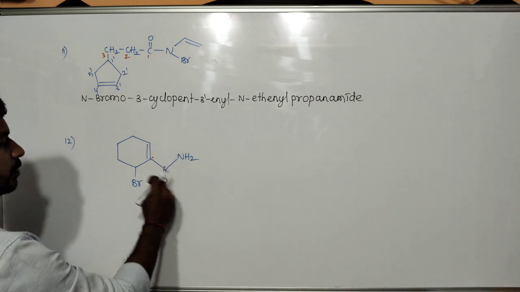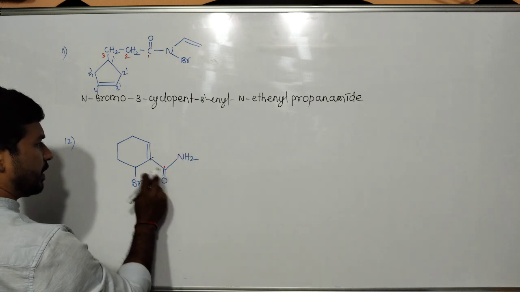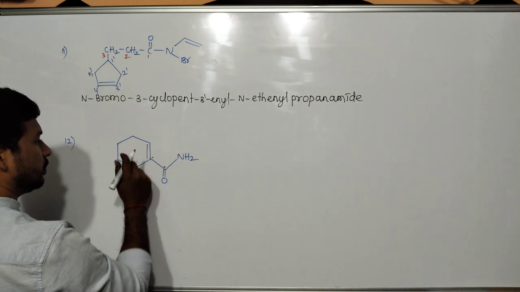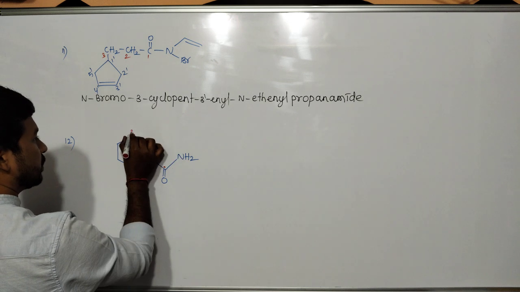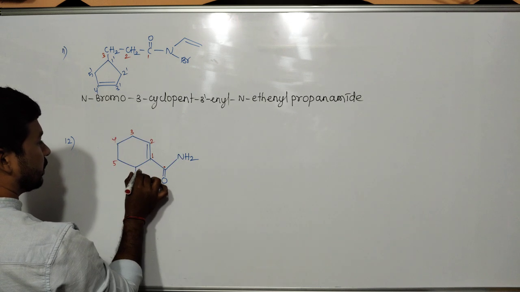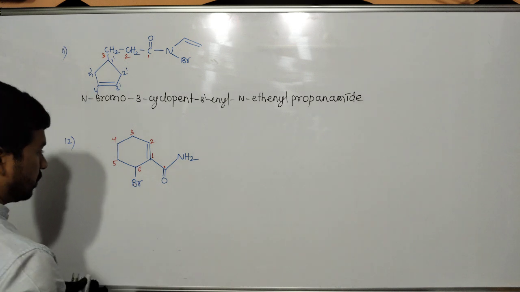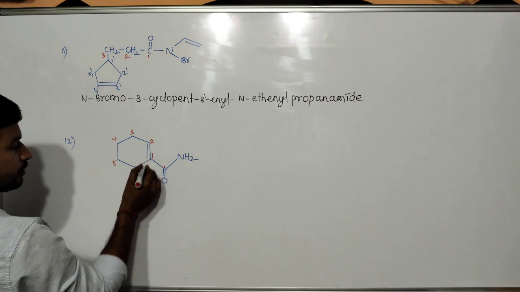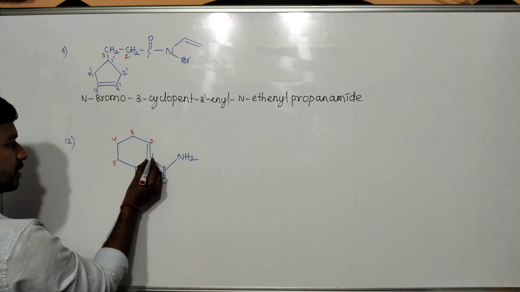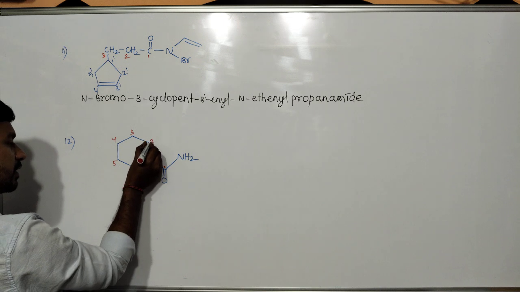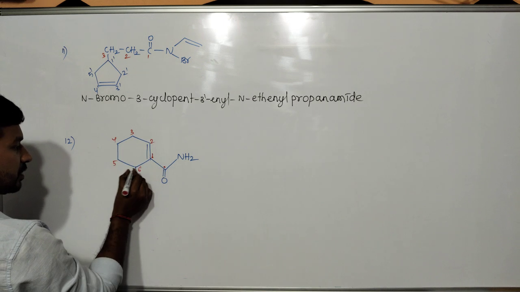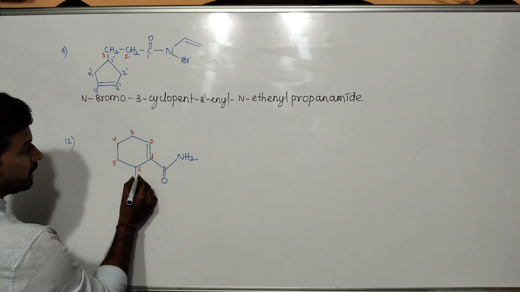Then use carbonamide. Carbonamide means the ring is the parent chain. Cyclo numbering, so 1, 2, 3, 4, 5, 6. The double bonded carbons are 1, 2. Do not number the other way, because if it is 1, definitely its partner of the double bond should become 2. Then the 6th position has bromo.